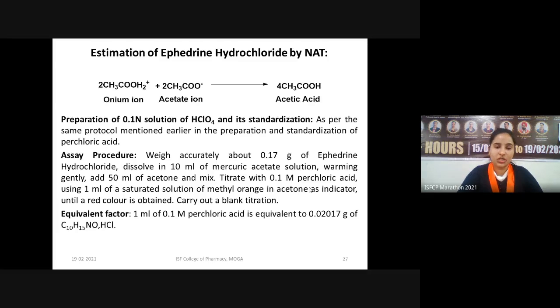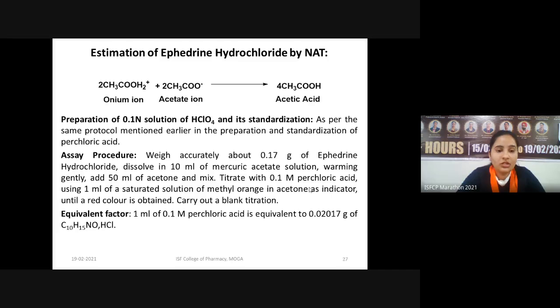By performing the blank titration, we will come to know the volume of perchloric acid which has been used by the solvents for their neutralization. So by subtracting the volume used for the blank titration from that used for the ephedrine hydrochloride sample, we will be getting the exact value of the volume used for the estimation of ephedrine hydrochloride.